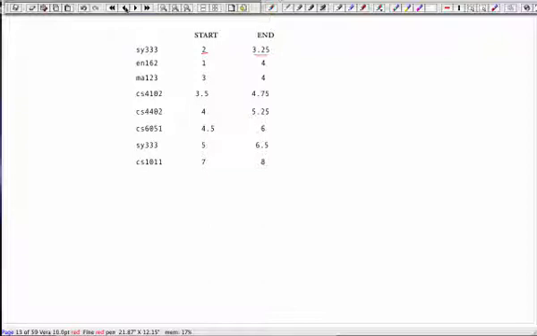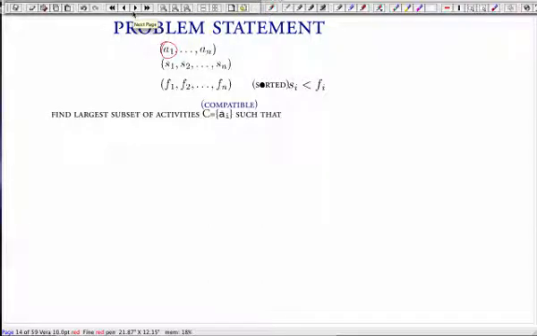These activities are just names, like this would be the name. And each activity has a start time and a finish time. And although I know that you would love to have classes that end before they start, in this situation, every class is going to start before it ends. And the goal is to find the largest subset of compatible activities.